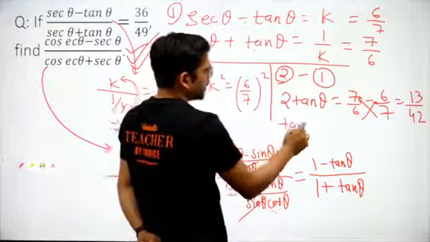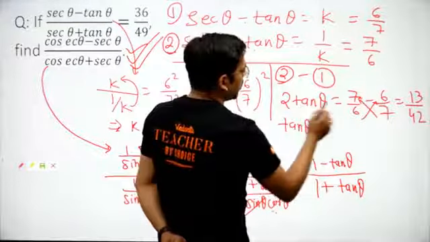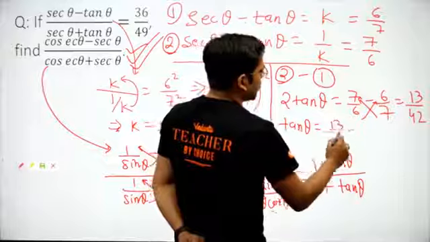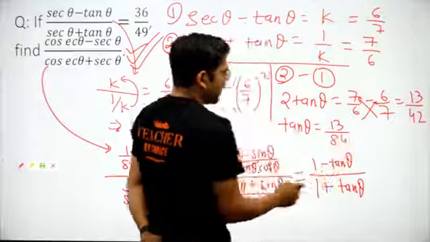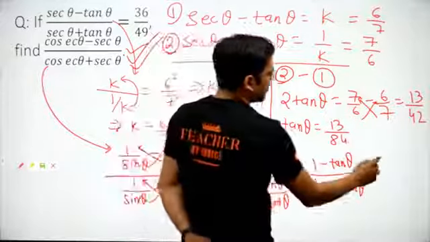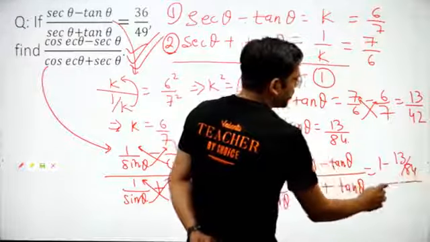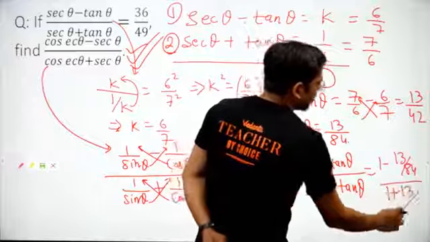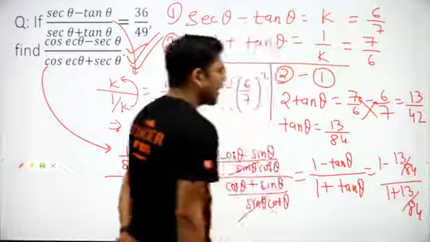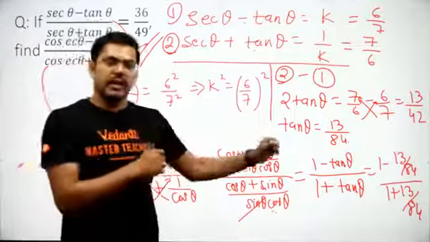So the value of tan theta, with 2 going to the denominator, will be 13 divided by 84. And then we will put the value here: 1 minus 13 upon 84 divided by 1 plus 13 upon 84. Now I guess you can just calculate the value.